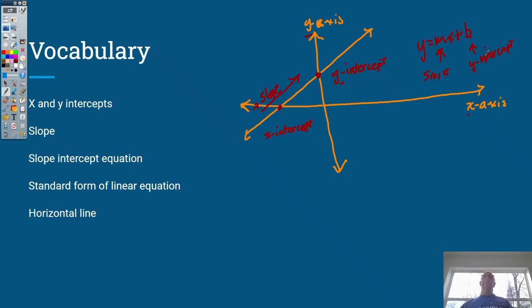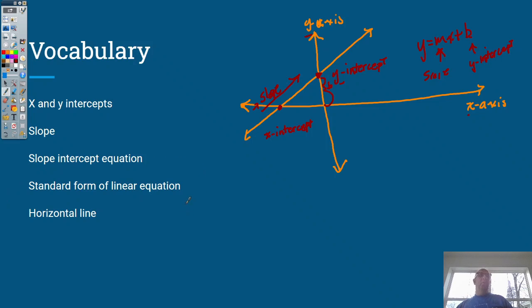So when we ask, and we're going to ask a lot, what is the slope of a line, you could say the slope is whatever this number m is. And if we ask where it crosses the y-axis, you could say whatever number this b is. So that's really cool.